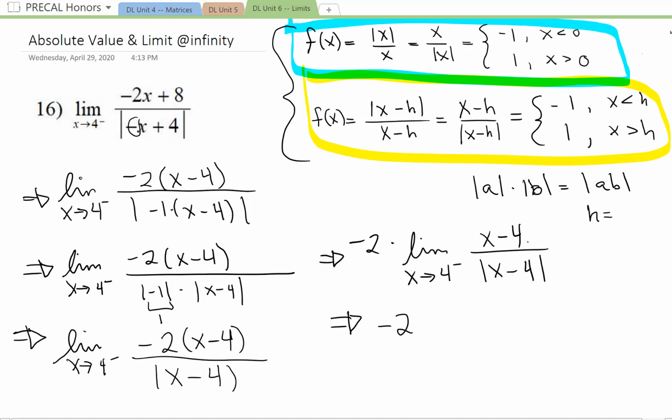What is this limit? h is whatever makes this equal to 0. x minus 4 equals 0, h is 4. So the piecewise function that this absolute value gives us is that it's going to be approaching -1 when x is less than 4, but it's going to be approaching 1 when x is greater than 4. This is approaching 4 from the left, that's -1. -2 times -1, our limit is 2.